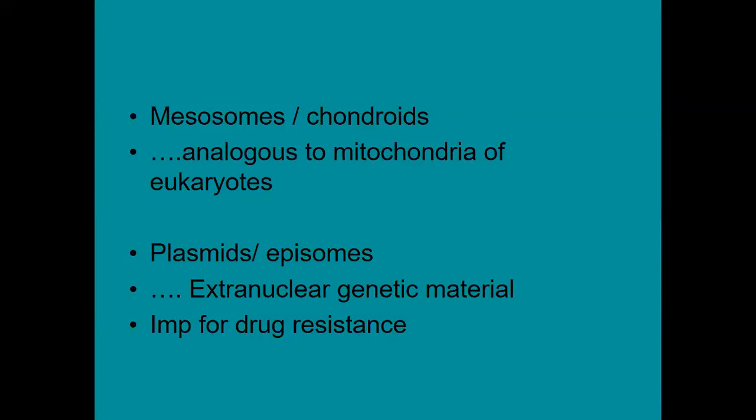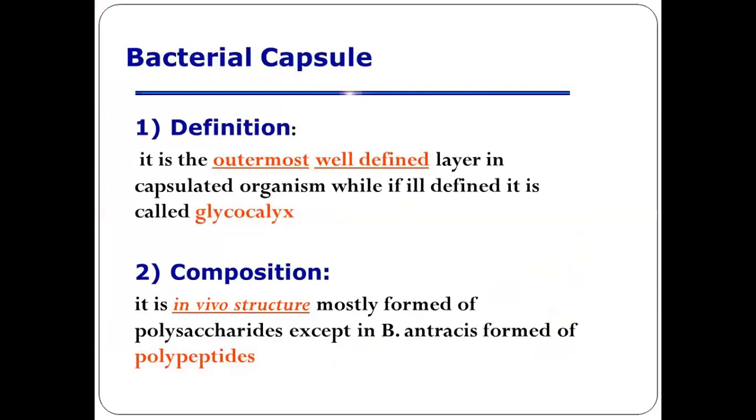Plasmids or episomes are extra nuclear genetic material important for drug resistance. Then you have the bacterial capsule. It is the outermost well-defined layer in the capsulated organism, while if ill-defined, it is called the glycocalyx.